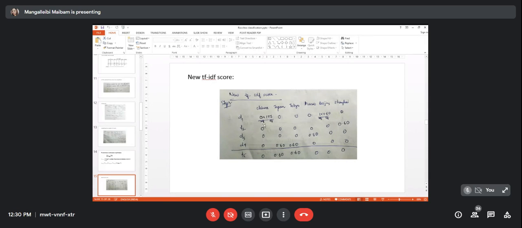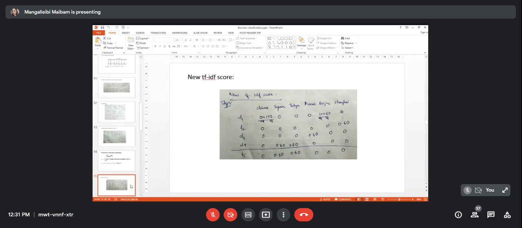By multiplying the inverse document frequency with our term frequency score, we got this table. And for this Beijing, the TF IDF written here should be interchanged. 1 is our TF score, and 0.60 is our IDF score. So this has to be changed.